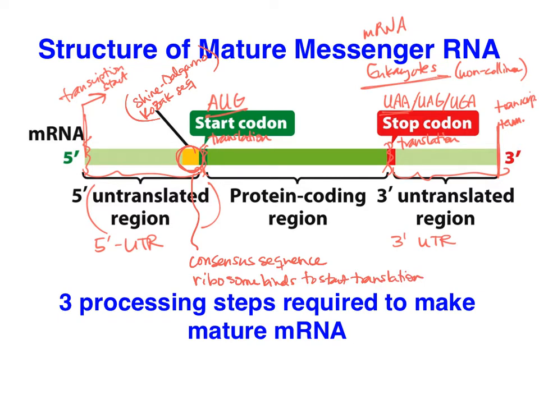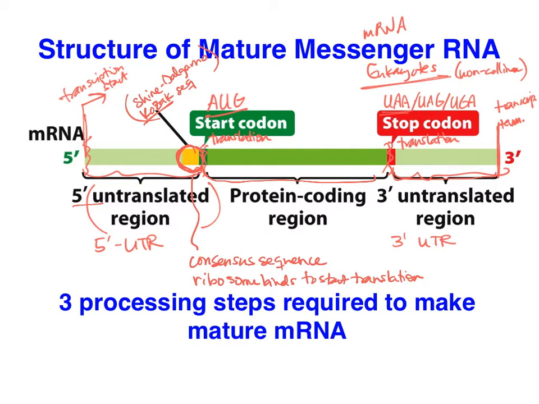So a sequence like this would be present in both eukaryotes and prokaryotes, and in eukaryotes it's called the Kozak sequence. So we've got our 5' untranslated region, we've got our ribosome binding site, we've got our protein coding region, and then we've got our untranslated region at the end.